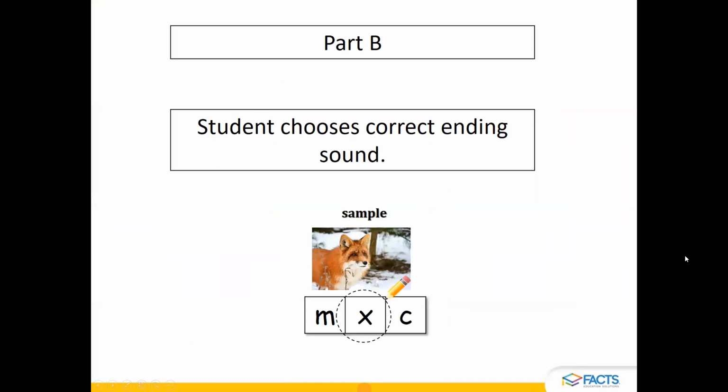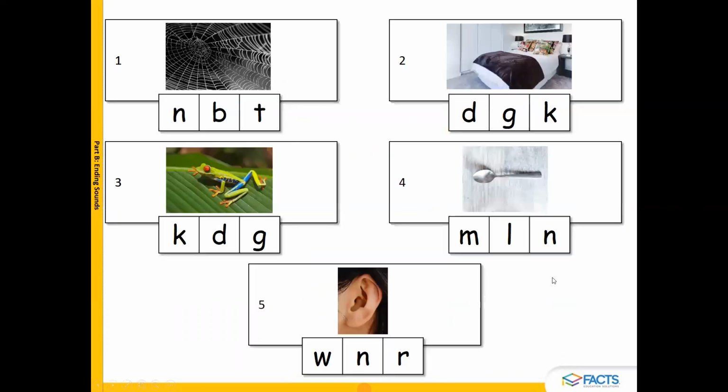The next part, part B, student chooses correct ending sound. So here we're working with ending sounds. And of course, we're going to go through the sample with the child and we're going to have the child understand that we're looking for ending sounds. And what we did here is that we don't have the beginning sound as an option. So here for web, there's no W here. So we're trying to encourage them to think of the ending sound. We want them to just be able to isolate web, b.